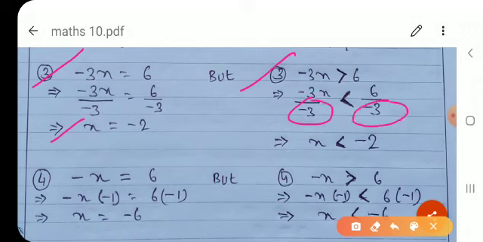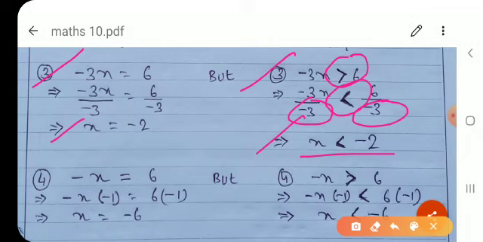Keep in mind, a negative number. My inequality sign, which here is greater than, becomes less than. So if you divide with a negative integer or negative number, then your inequality sign will change. It becomes x less than minus 2.